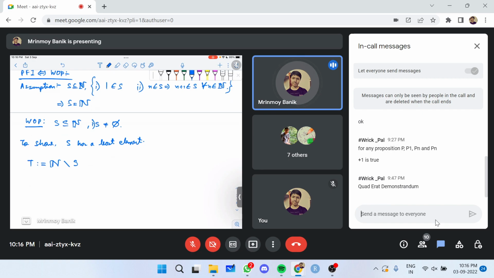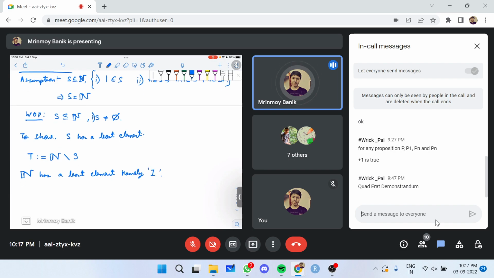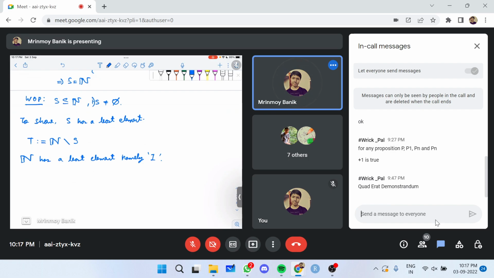Okay, so now we know the set of natural numbers has a least element, right? That is 1. So N has a least element, namely 1. So let's condition upon that. Let me make a small flowchart.